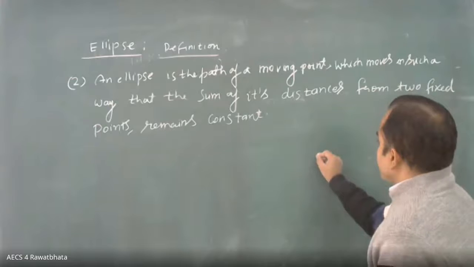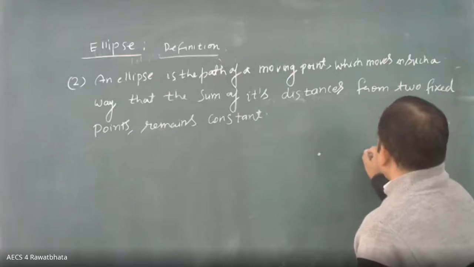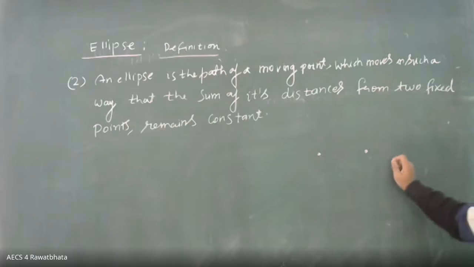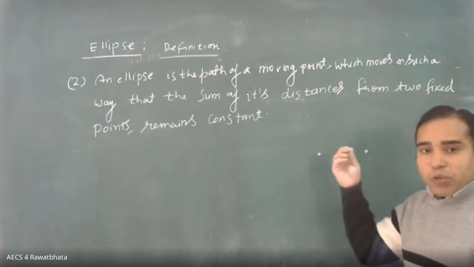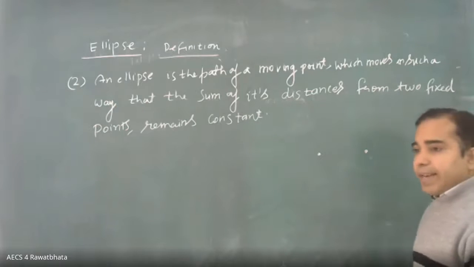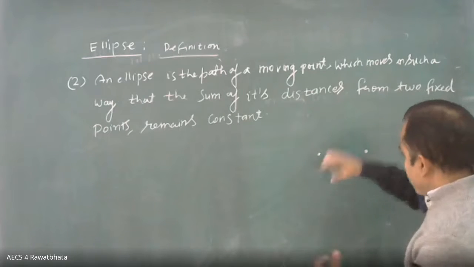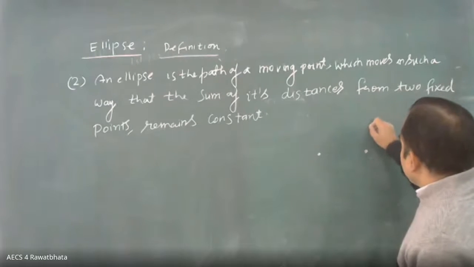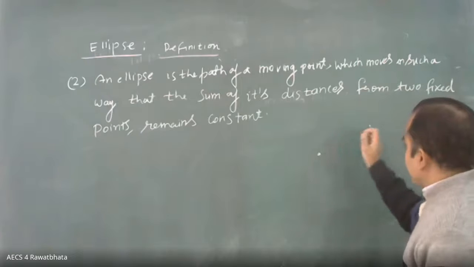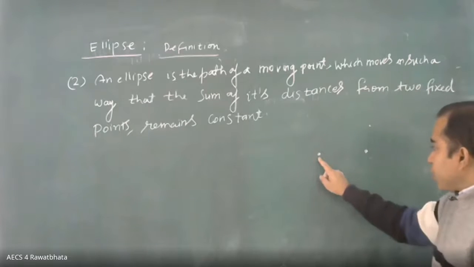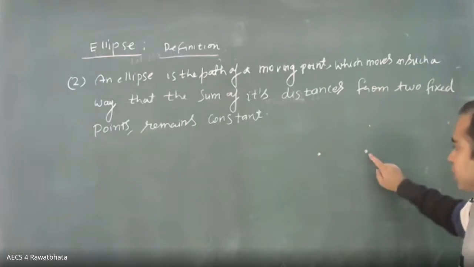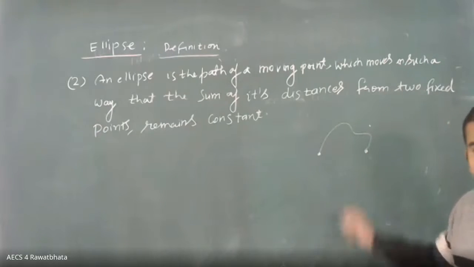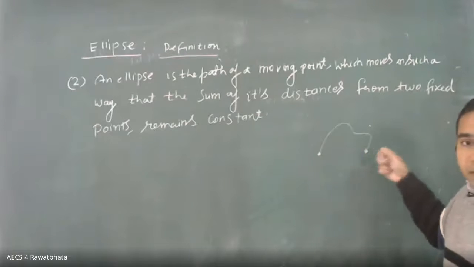What you do is, two nails you fix, or two drawing pins you take and fix them. And one pencil you take, and a thread, longer than this distance, you take, and tie the end points of that thread on these two pins. Now the thread will be like this. Its length is more than the distance between the two pins.